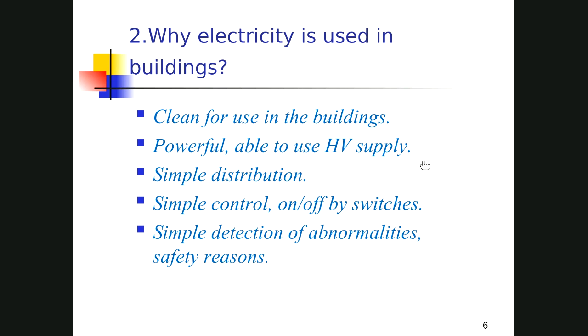The third point is that electricity can be distributed simply. Gas and water must be distributed carefully using pipes, but electricity distribution is very simple. It uses conductors, and it is also easy to control. You just use a switch to turn it on and off.